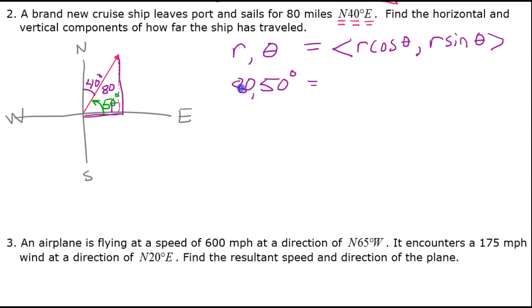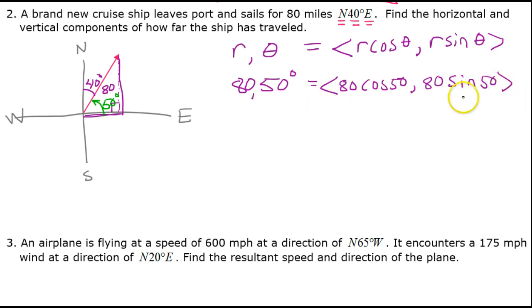So now that we have r and theta, we can break that down as 80 cosine 50, comma 80 sine 50.